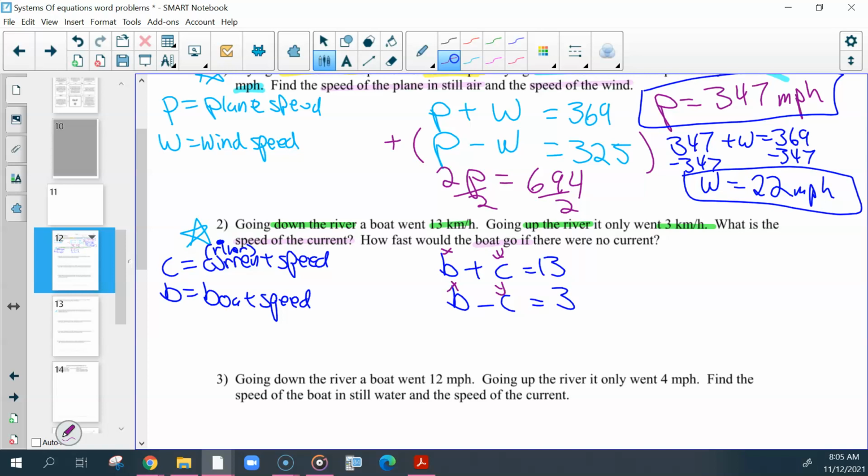And then you need to convert both of these to slope-intercept form.